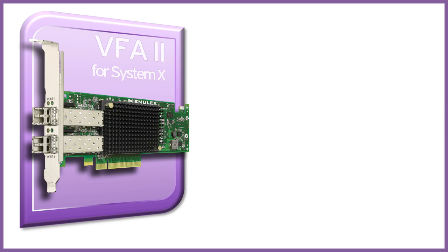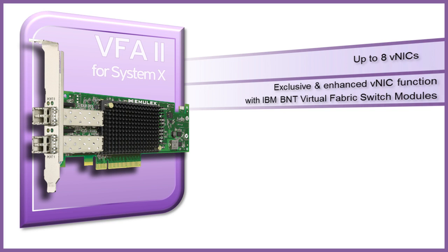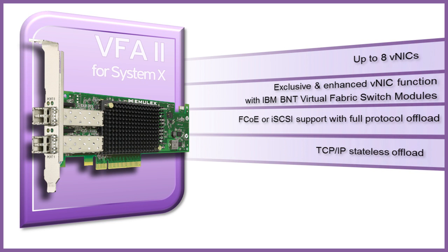There are 2 flavors of the Emulex 10 gigabit Virtual Fabric Adapter 2 for IBM System X. Both have up to 8 virtual NICs with storage protocol support. Can also be used with IBM BNT switches for enhanced vNIC functionality.